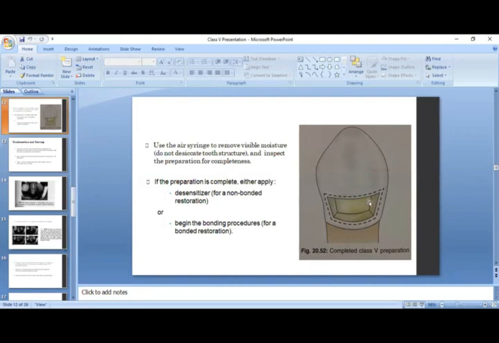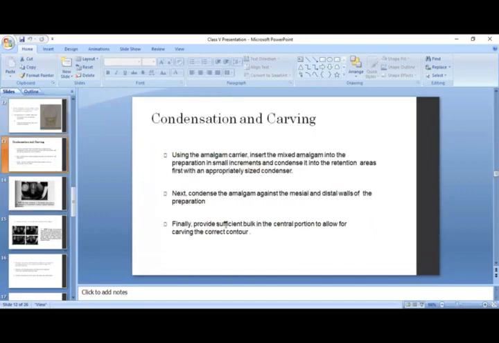This is the mesial wall and this is the distal wall. So we are placing the restoration in that area. Okay, this is how we condense, or how we put that restorative material, which is amalgam, in that area, right?